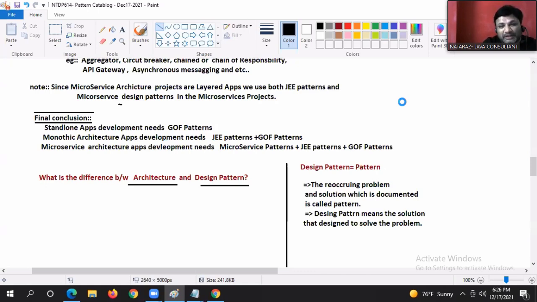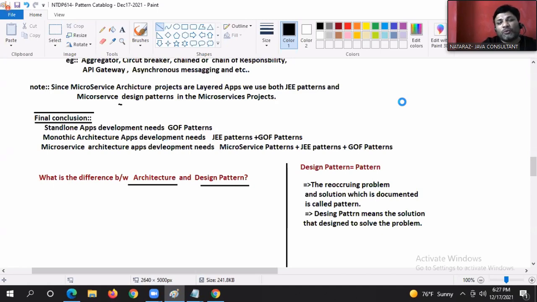To solve basement related problems, basement design patterns. While constructing walls, there will be some problems, side effects. To solve wall construction related problems, wall construction related design patterns. While applying interiors, colors and all the things, there will be some problems. To solve those problems, interior related design patterns.